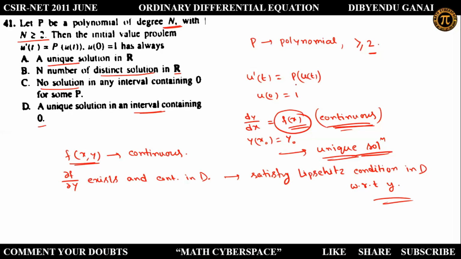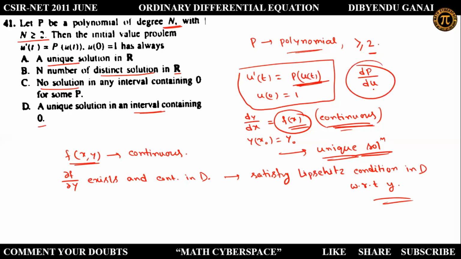Right? In our given problem, P(u), where P is a polynomial of degree greater than or equal to 2. We know that a polynomial is continuous, and dP/du is also continuous. So this satisfies the Lipschitz condition. That's why this problem will have a unique solution.